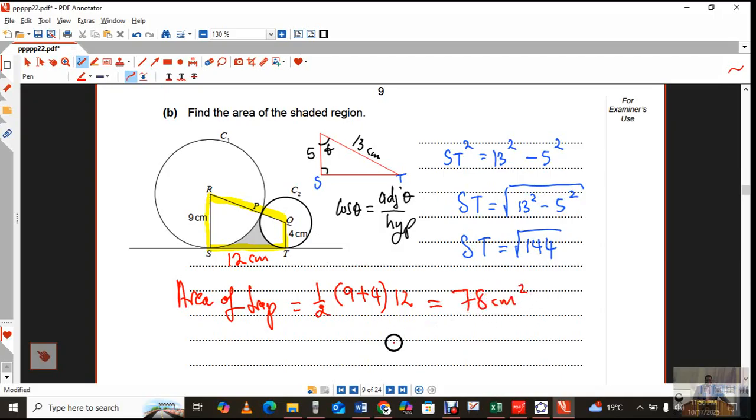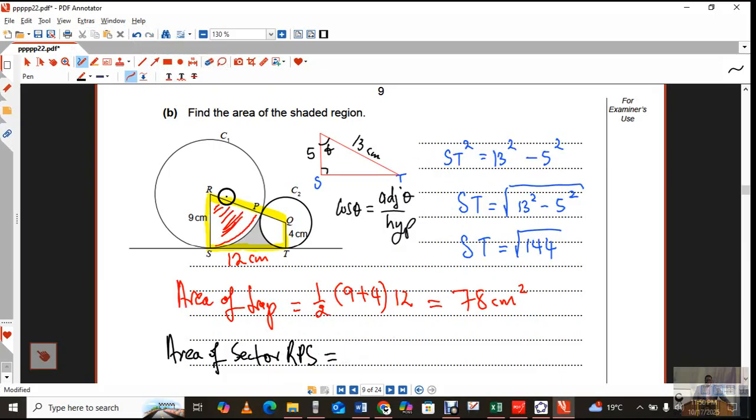Why did I do that? If I have the area of the trapezium, now I can calculate the area of the sector over here. I'm going to call that area of sector RPS. Now, hopefully you know the formula.